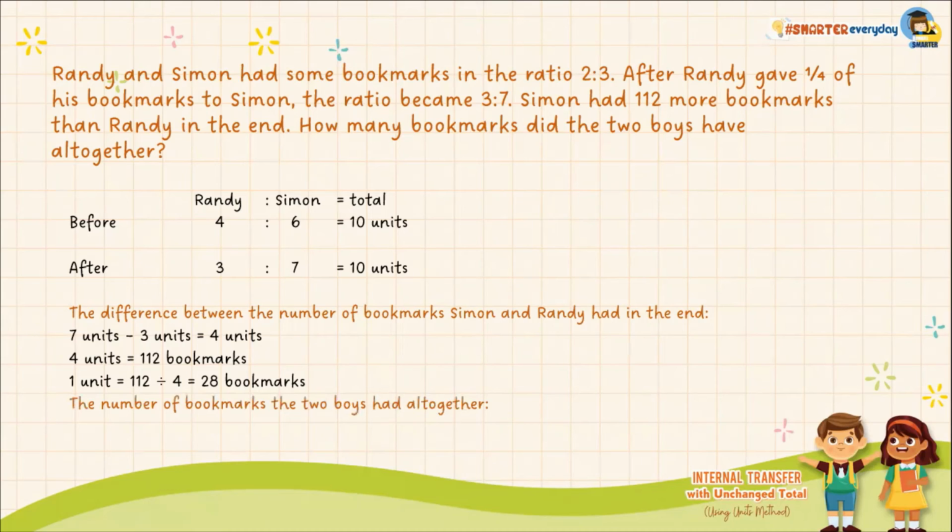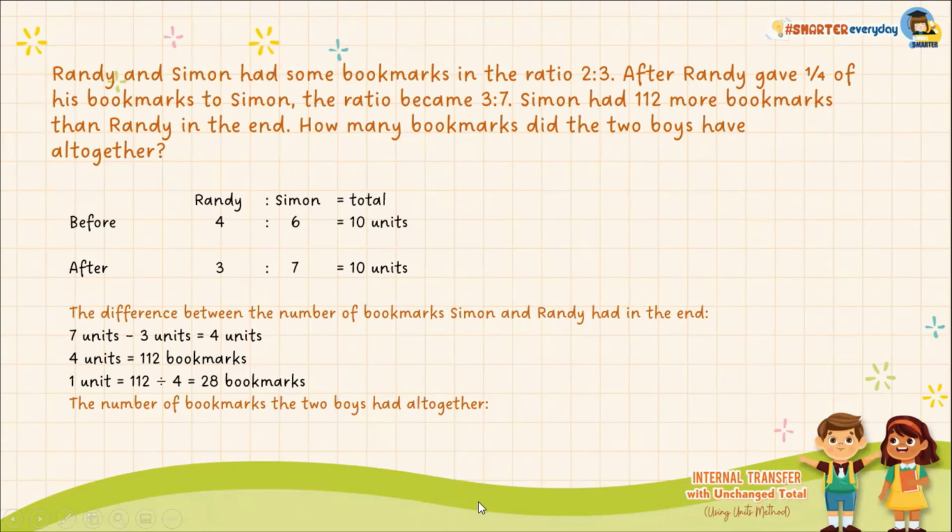Now we are going to find the number of bookmarks the two boys had altogether, because that's the question. How many bookmarks did the two boys have altogether? Now what do we have to do? Well, we just have to know how many units in total the two boys had. We know that they had 10 units, either in the before or after condition.